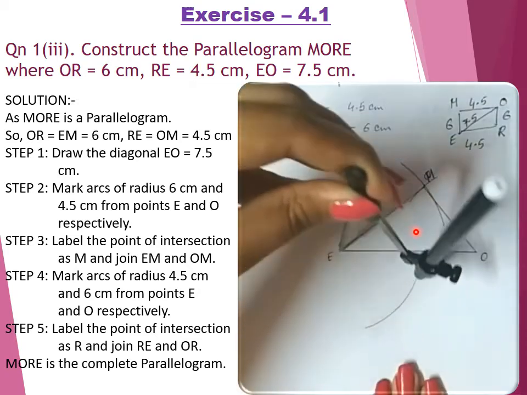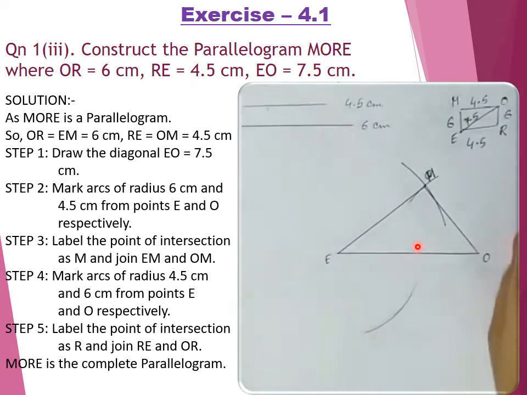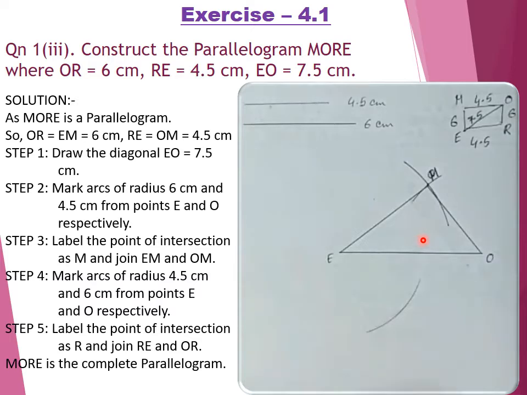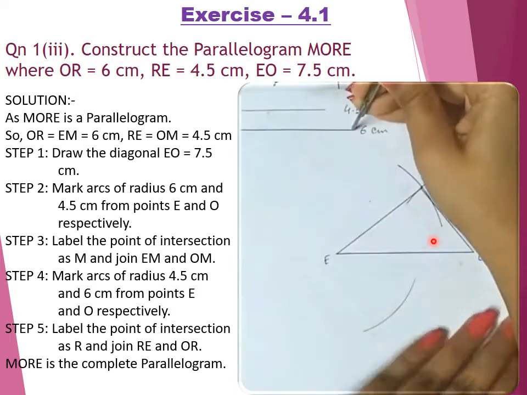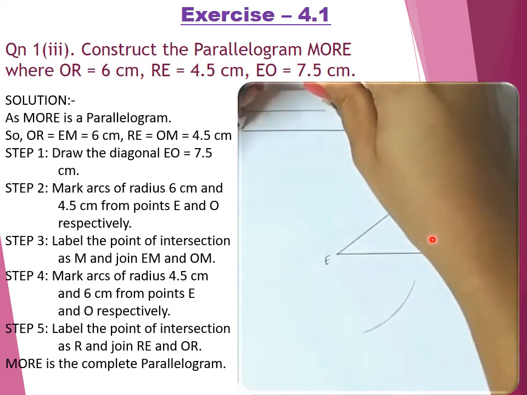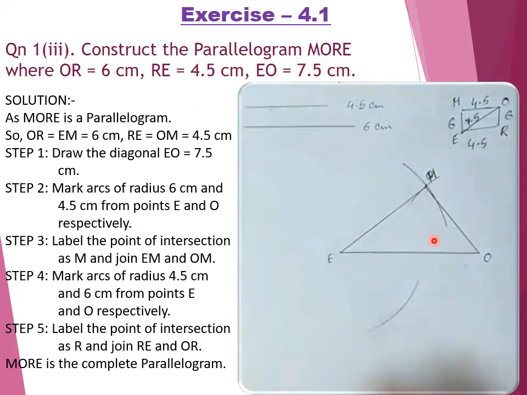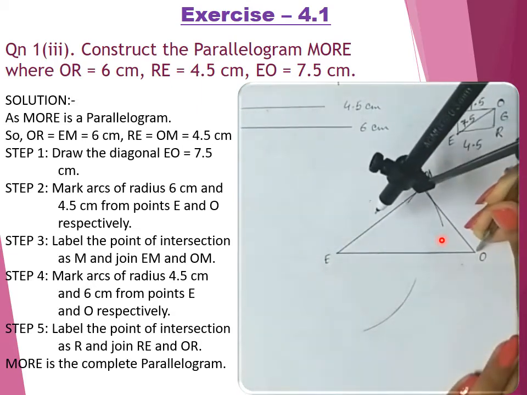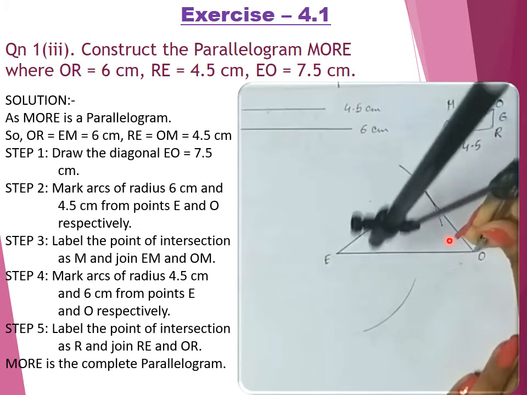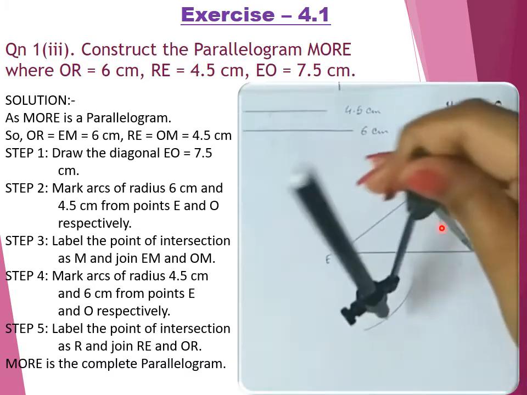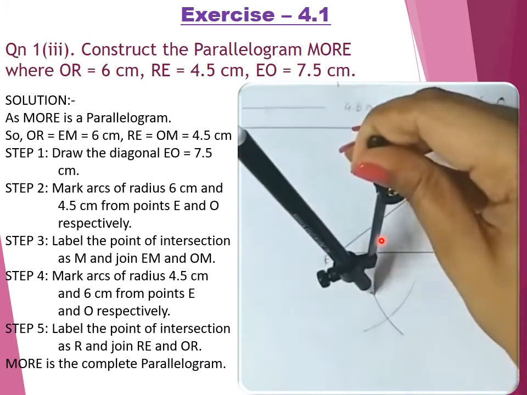We'll draw an arc like so, and again we will take OR as 6 centimeter, and this is the arc radius of 6 centimeter. From point O we will again draw an arc like this.